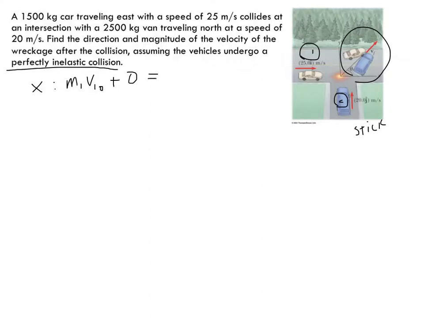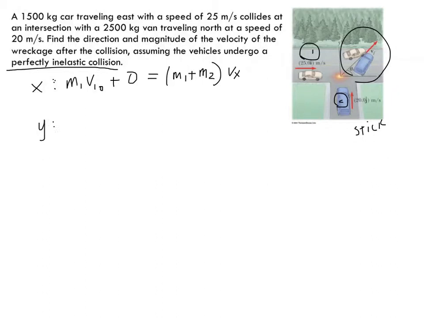And that's going to be equal to M1 plus M2 times our velocity in the x direction final. Now, here you can add x subscripts everywhere, but that might make your equation look a little bit more messy than it needs to. So I went ahead and labeled it as x over here at the beginning.